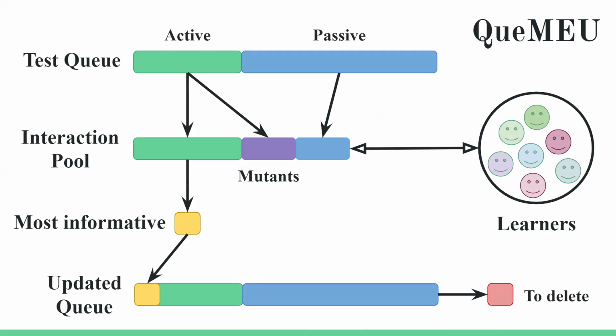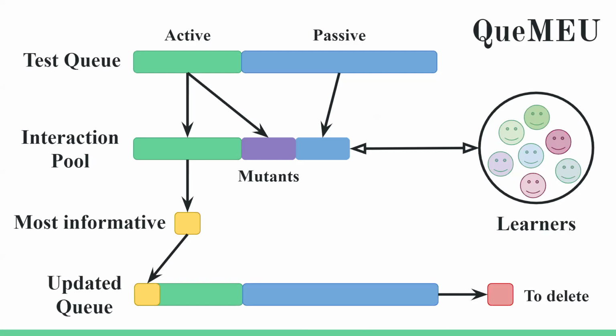Here's a visual schematic of how that algorithm works, where we could imagine a Q structure divided up into two portions, an active portion and a passive portion. Those are used to generate an interaction pool, which then is paired up against members of the learner population. All of the active members are represented, as well as a sample from the passive portion.